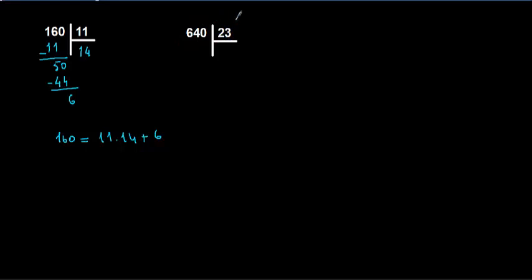This is the division algorithm of 160 divided by 11. Okay, this time we are going to check 640 divided by 23. When we check 23 in 6, we don't have it, so in 64 there are 2 times 23, then the result is equal to 46.